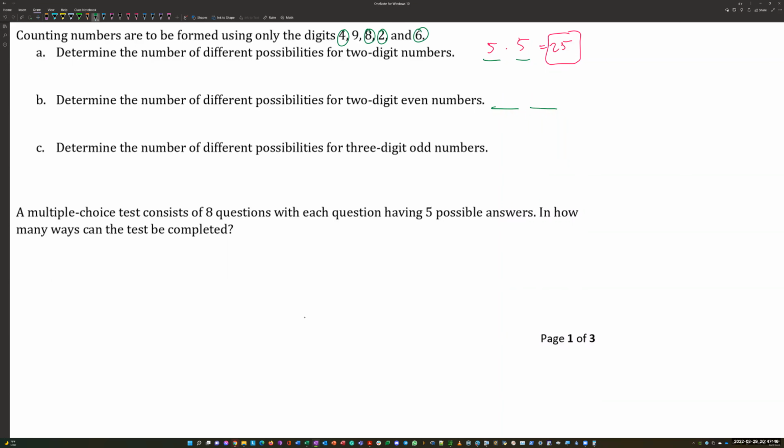So if it has to be even, that means the second digit has to be even. Does that make sense? So that means we have 4 choices for the second one now. Is that correct? Yes. Given the fact I picked the second one, how many choices do I have for the first one? 4. 4, very good.